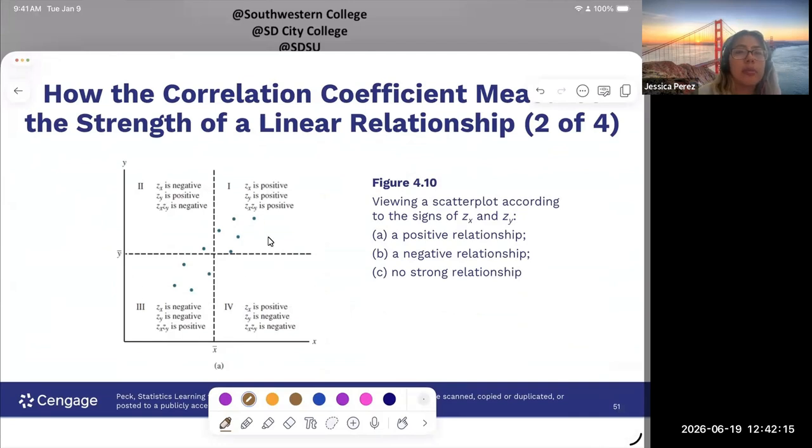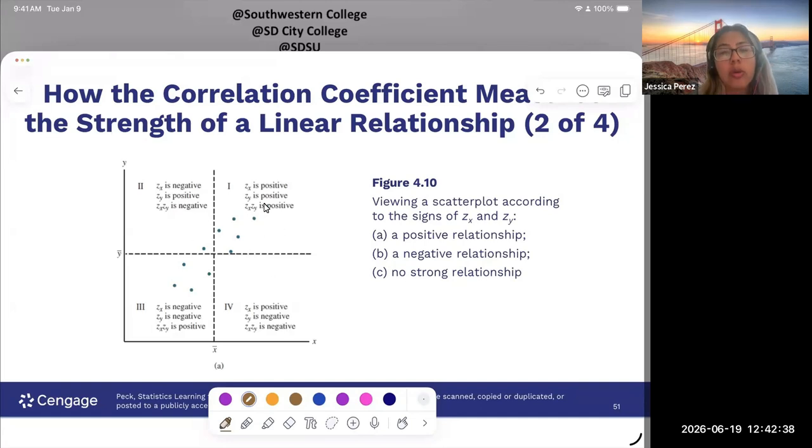So if we cut this in half and look at the correlation, we break it into quadrants. In this quadrant, z of x is positive while z of y is negative, and the product of z of x and z of y is negative.